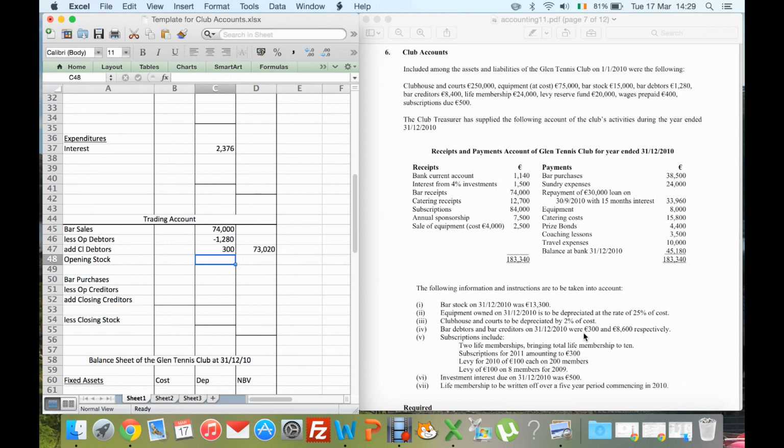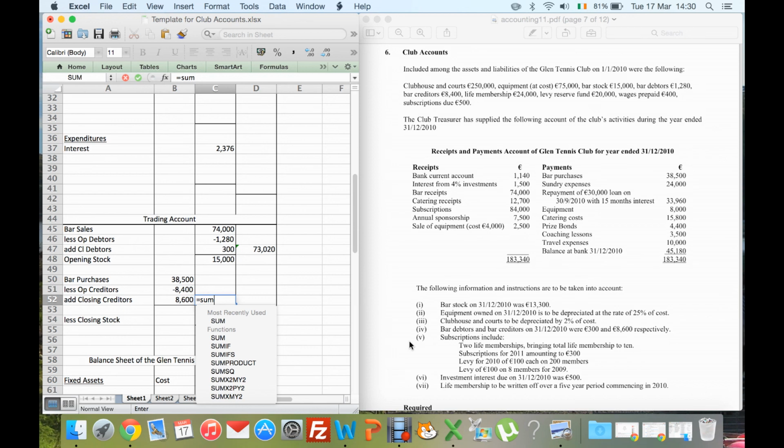The opening stock, bar stock is 15 grand. Bar purchases is 38.5. At the beginning we had a bar creditors of 84, and at the end the bar creditors is 86. So that's the goods available.